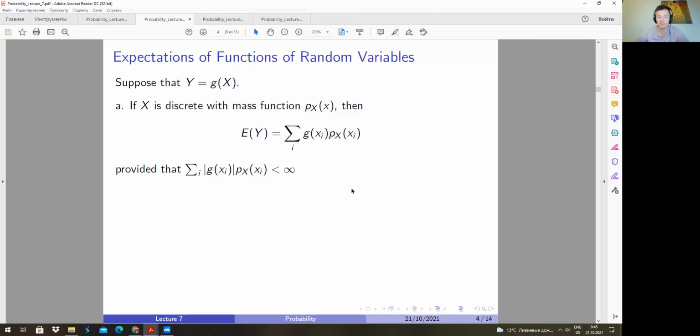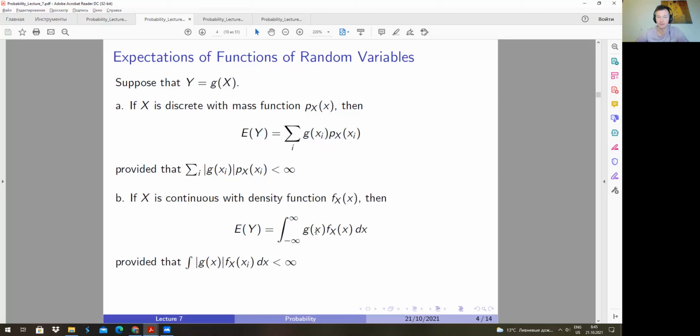And the same thing for the continuous case. If I have a transformation of my random variable, I plug this transformation inside the expectation, and I calculate the expectation in a similar way. Which is a very simple thing.